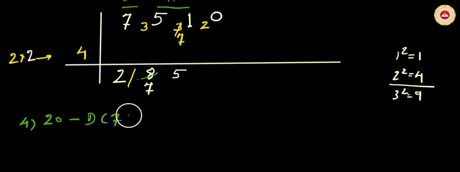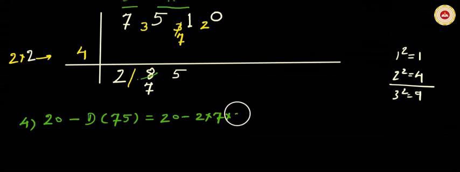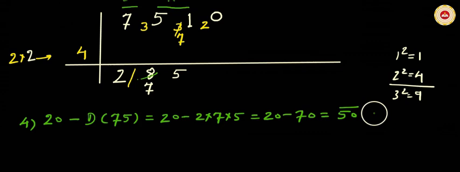So duplex of 75, which is equal to 20 minus 2 times 7 multiplied by 5, which is equal to 20 minus 7 5s are 35 multiplied by 2, that is 70, which gives you 50 but negative. So negative 50, this is net dividend.